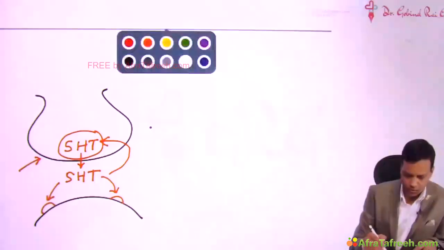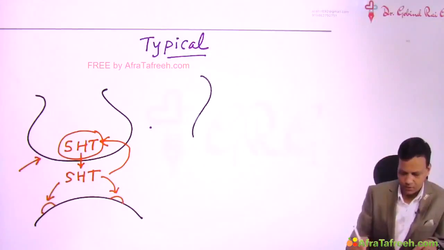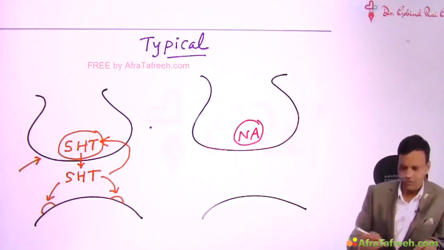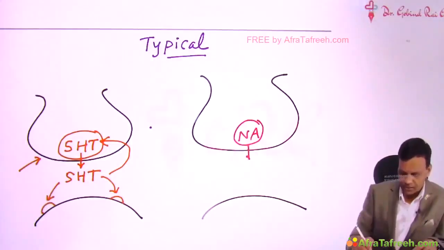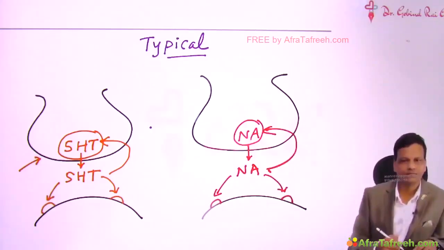This is very similar to the one which we discussed in the sympathetic system. So in the sympathetic system, the same thing happens. That means noradrenaline is produced and stored. When the nerve impulse comes, it is released. It works on the receptors, and then it is reuptaken. That is the main method of termination of action.